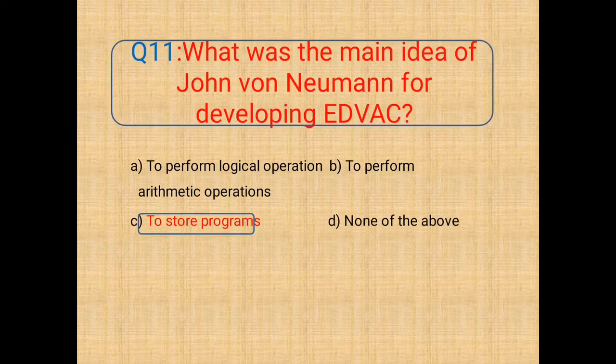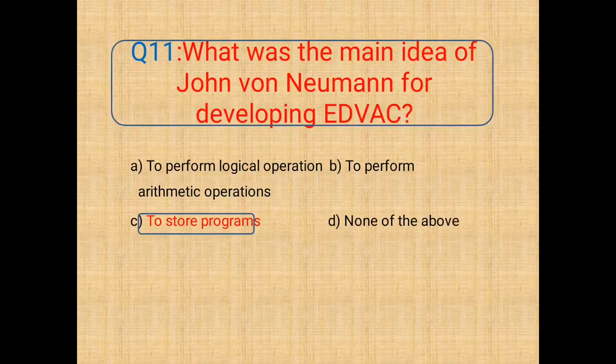Question number 11. What was the main idea of John von Neumann for developing EDVAC? EDVAC stands for Electronic Discrete Variable Automatic Computer. A, to perform logical operation.